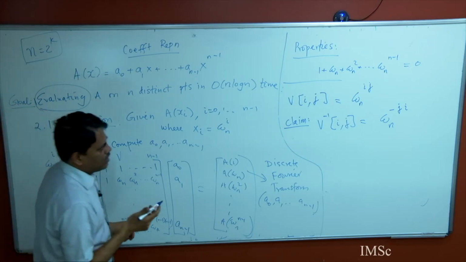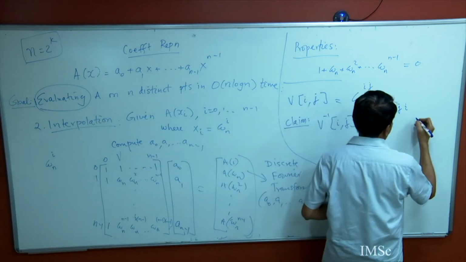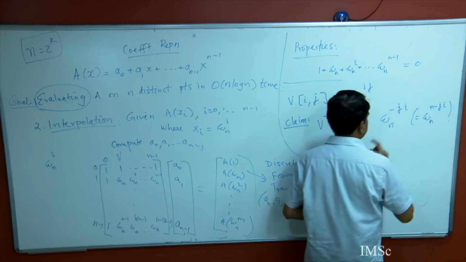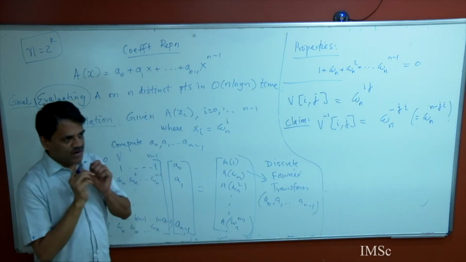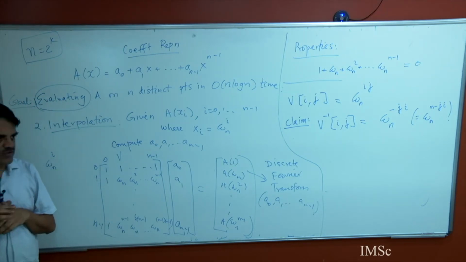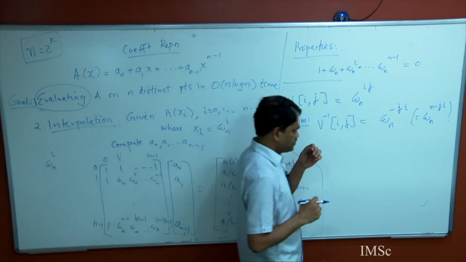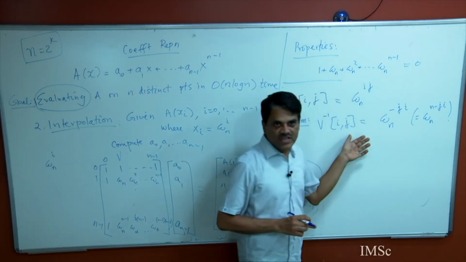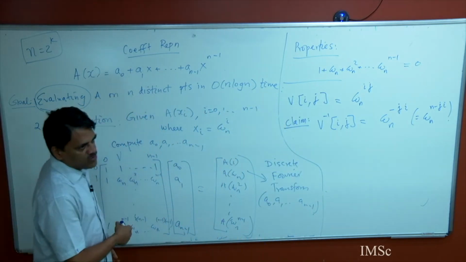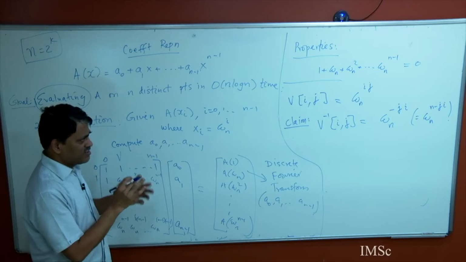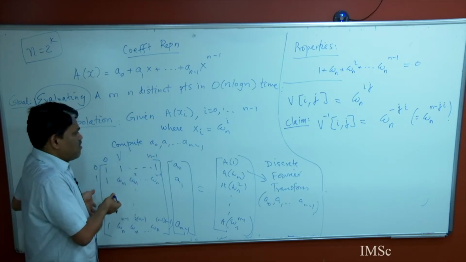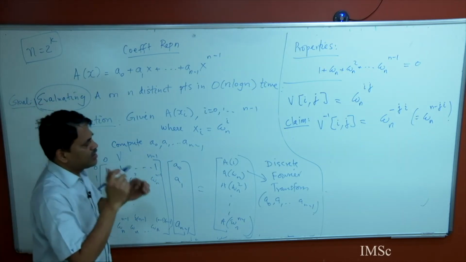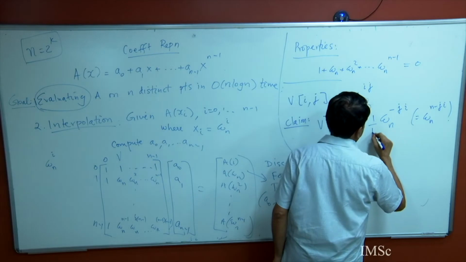So this is the same as omega_n to the power n minus ji. This is my claim: I'll just tell you the ijth entry of the inverse of this matrix. We'll verify this first, and then see how to compute the inverse. It turns out to be more or less the same kind of problem, instead of omega_n we do it on the inverse, with a factor of 1 by n.